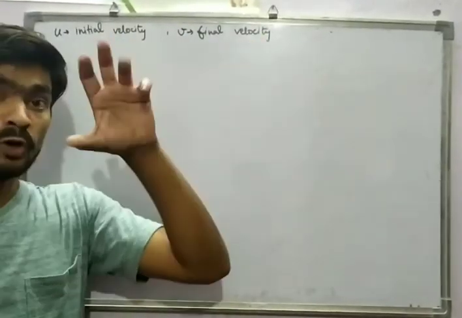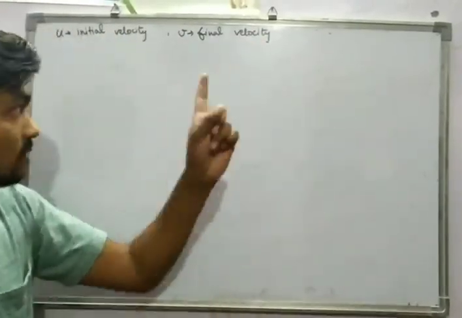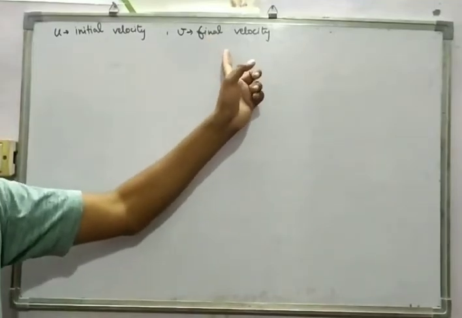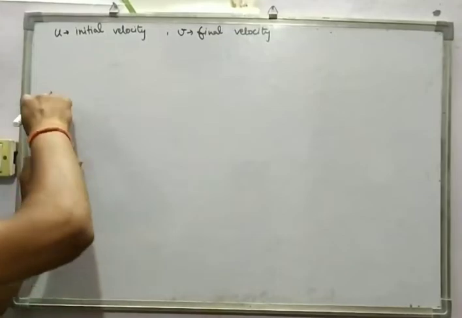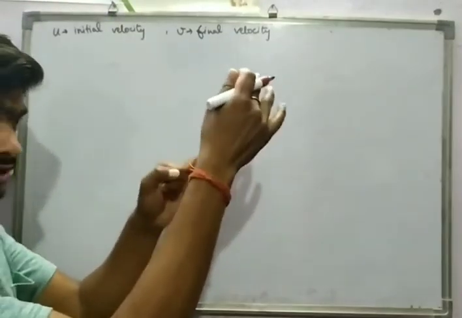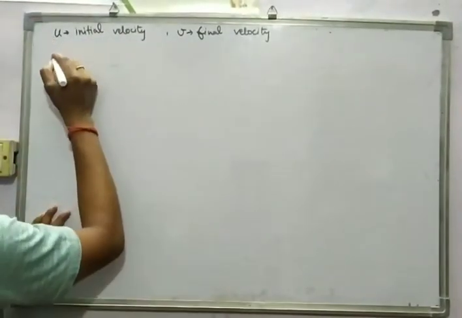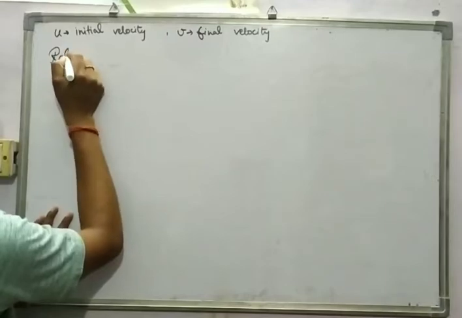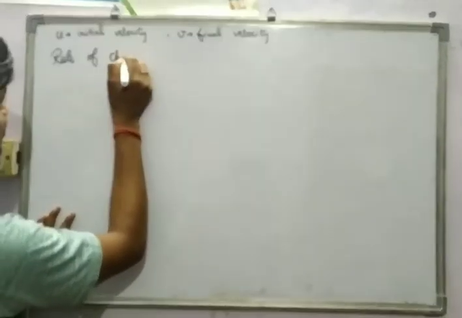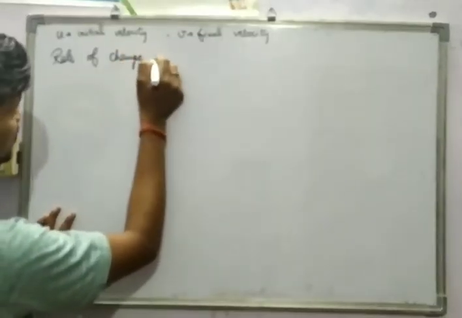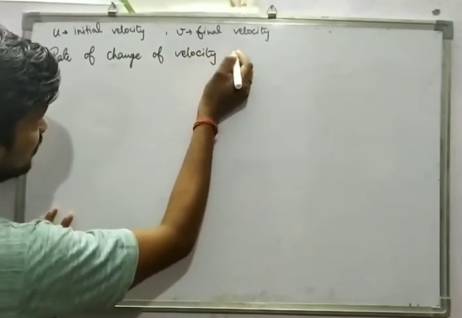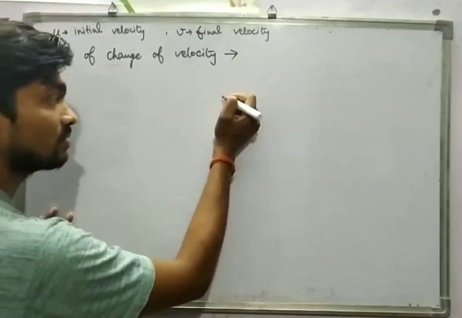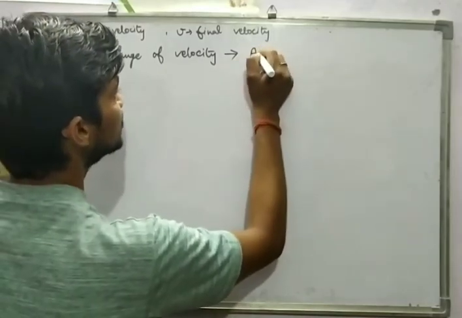The time we stopped the stopwatch, that time velocity obtained is known as final velocity. So is there any change in the velocity also? It is yes. So rate of change of velocity or speed is represented by a term called acceleration.